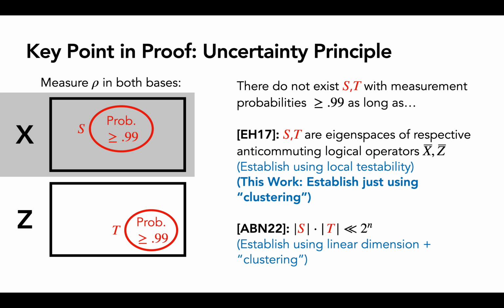But like locally testable codes, we can still apply logical operators to all of the low energy states. The low energy states still respect the action of the logical operators, even if these low energy states don't correspond to true code states. And because of that, we're still able to use the Eldar-Harrow uncertainty principle and obtain the stronger result that linear dimension is not necessary for quantum LDPC codes with clustering in order to get NLTS Hamiltonians.